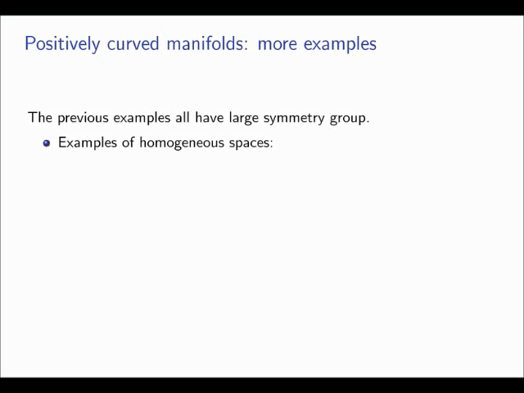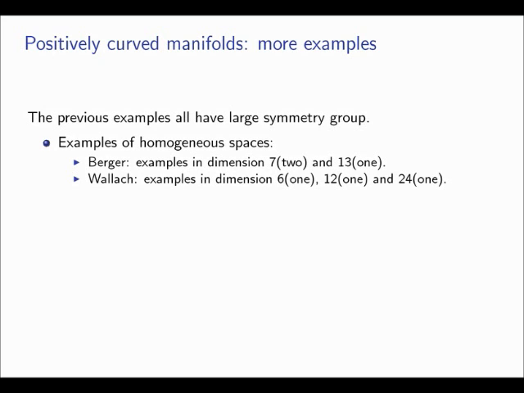So then we can look at the homogeneous space. This means for the positively curved manifold, you only need to check the curvature condition at one point, either this one or that one. So we have the classification for the homogeneous spaces.